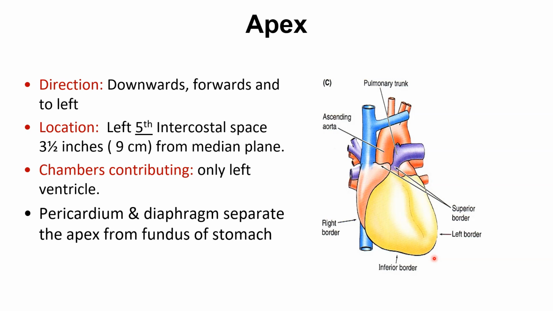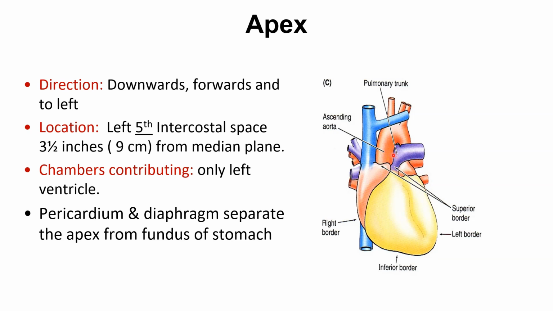That is the location of the apex. The apex is solely contributed by the left ventricle. The pericardium and diaphragm separate the apex from the fundus of the stomach. So, the apex of the heart is close to the fundus of the stomach.